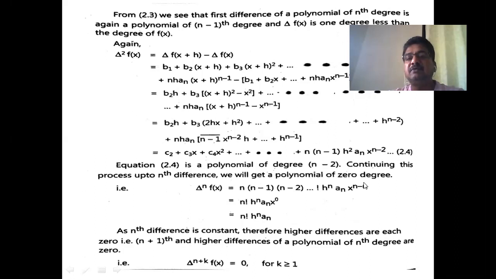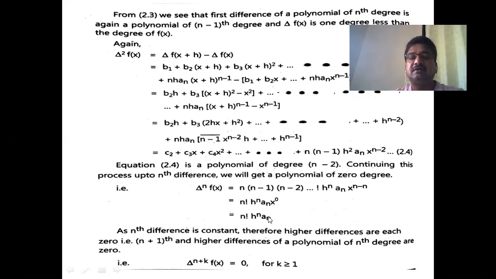So what is the power of x in delta raised to n? It is x raised to n minus n. Here it is n minus 2 because it is delta square. So here it is delta raised to n. So x raised to n minus n, and x raised to n minus n is x raised to 0, that is 1. And therefore delta raised to n fx is what? n factorial h raised to n an. This is n factorial. So delta raised to n fx is constant.